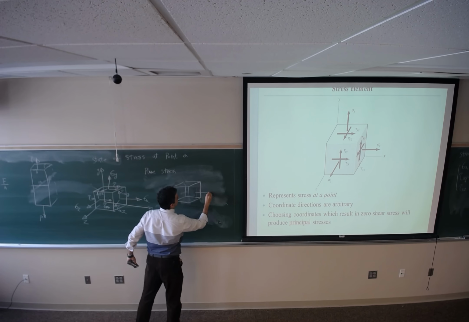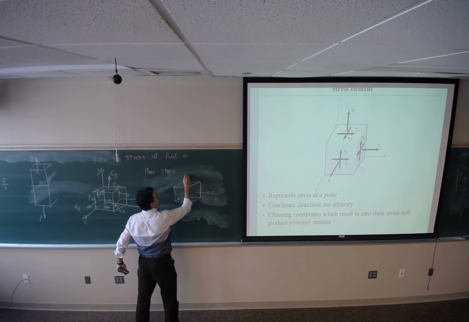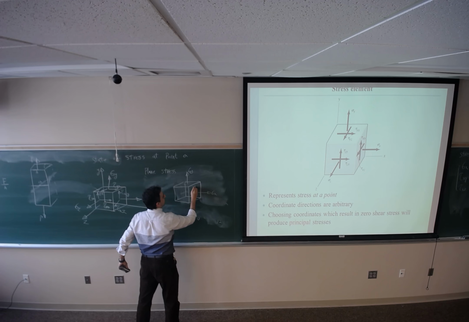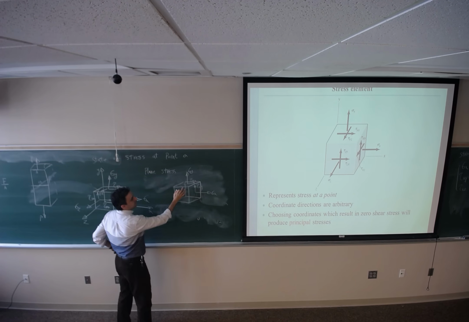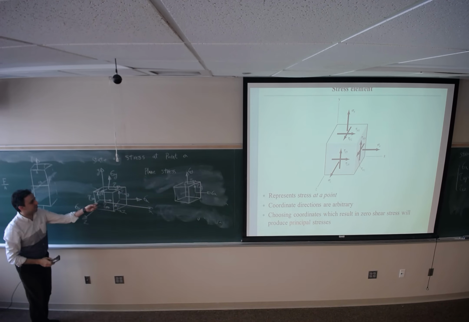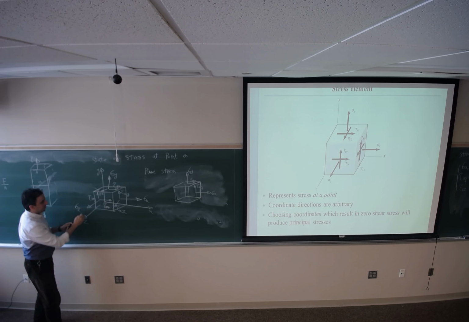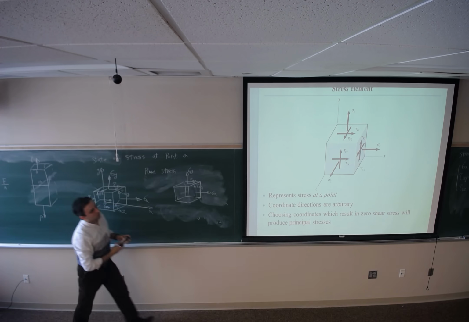We have sigma x, we have sigma y, we have tau xy, we have tau yx, which is equal to tau xy, but all terms in this plane would be 0. So I don't have sigma z, so this normal stress is not going to show up.